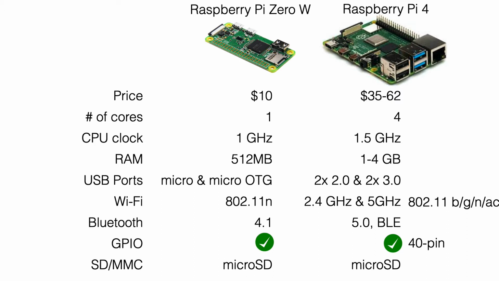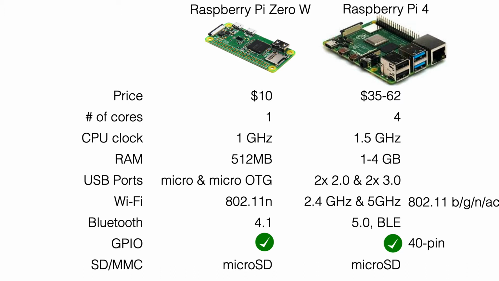There's a difference in clock speed for the CPUs as well. 1 gigahertz for the Zero, 1.5 gigahertz for the Pi 4. There's a difference in memory. So the RAM for a Zero is 512 megabytes, while the Pi 4, depending on which one you get, either comes with 1, 2, or 4 gigabytes of memory, which also correlates to the price difference.